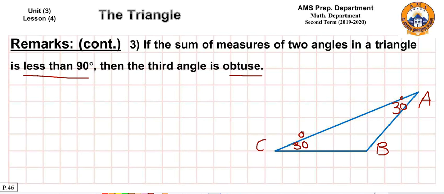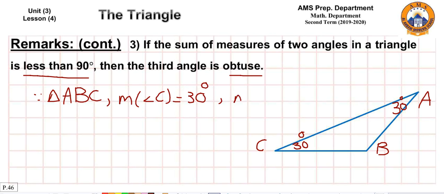Now we want to prove that the measure of angle B is more than 90, or we want to prove that angle B is an obtuse angle. So we will start by mentioning the triangle ABC. The measure of angle C equals 30 degree and the measure of angle A equals also 30 degree.